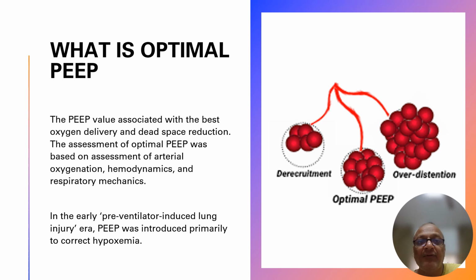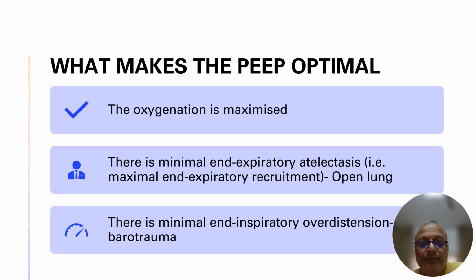In the early ventilator induced lung injury era, it was introduced primarily to correct hypoxemia, which has now extended to the lung protective strategy where the aim is to keep the lung open and to avoid barotrauma by preventing hyperinflation. So essentially, what is optimal PEEP?